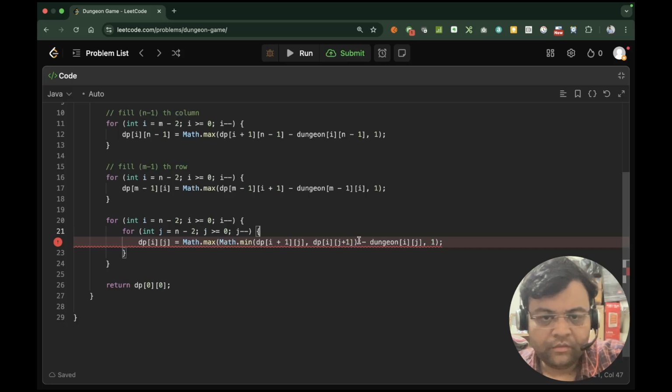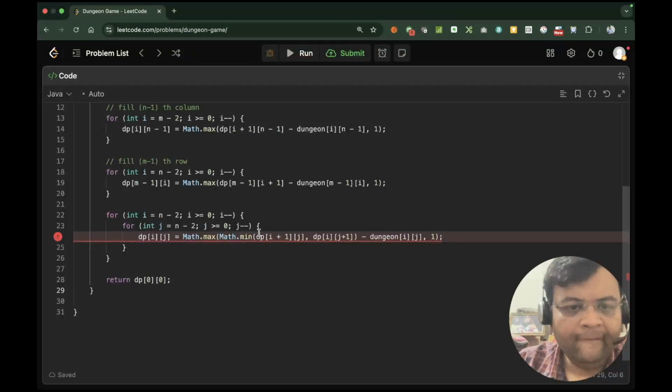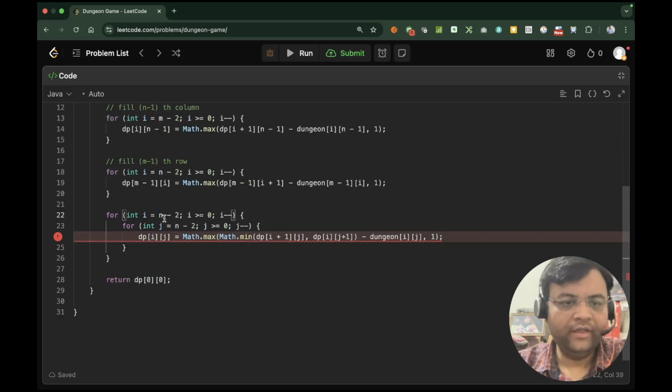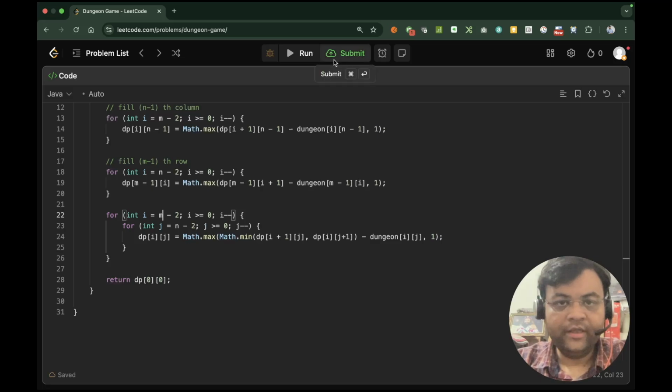So we are incrementing j, we are incrementing i. Okay. Yeah. What could be? Oh, yeah. I mean, here we should iterate over m, right? So m should be here. So if we change it to m, let's try submitting it now.